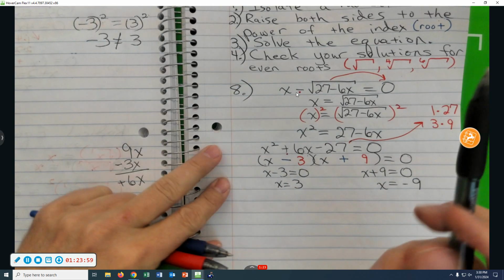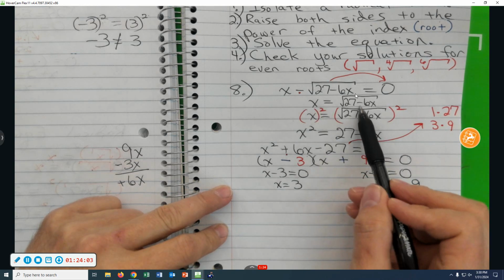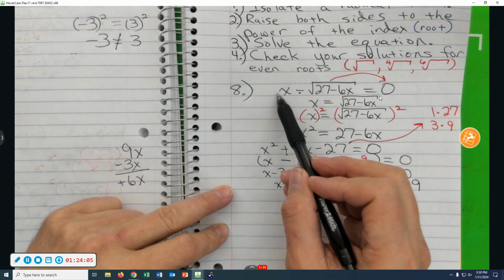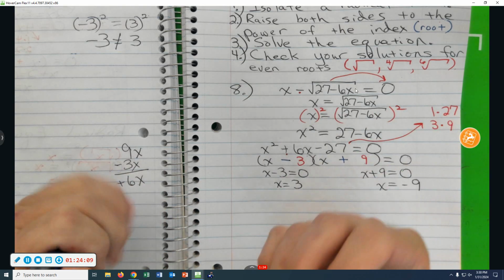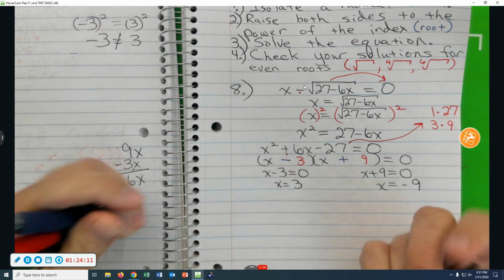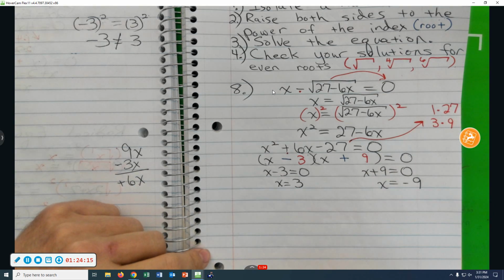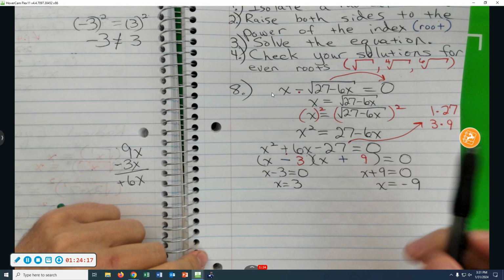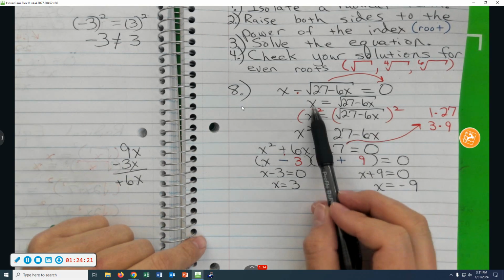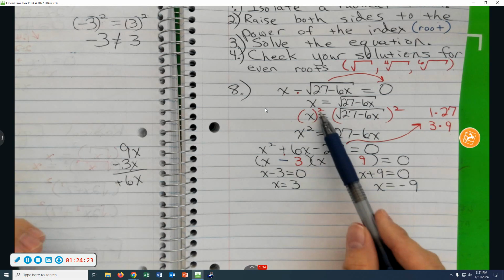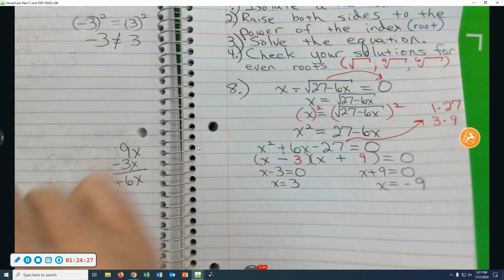My advice to you for checking, always use the form where the radical is isolated. I'm not going to plug into the original thing here. With the fractions, it was easier. With the fractions, you just made sure the number you got doesn't give you a denominator of 0. Here, it's a little more rigorous, but it'll be easier if you use the isolated form. That's why I rewrote it before I squared both sides.